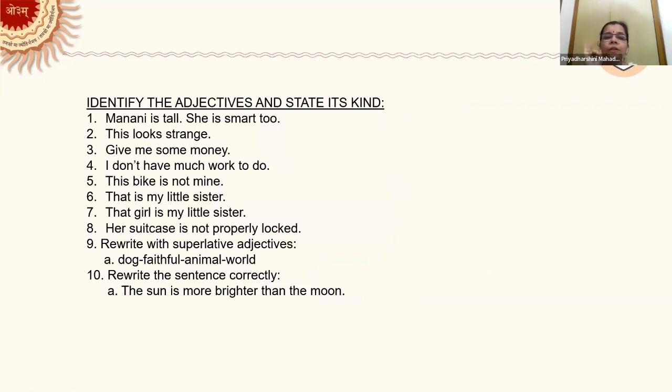What kind of adjective is it? Quality. Great. Second sentence, this looks strange. Strange is an adjective of quality. Give me some money. Some is an adjective of quantity. Excellent.